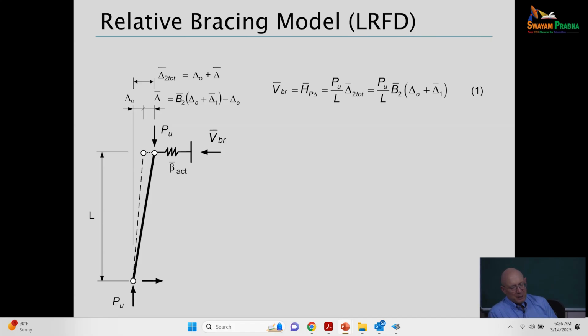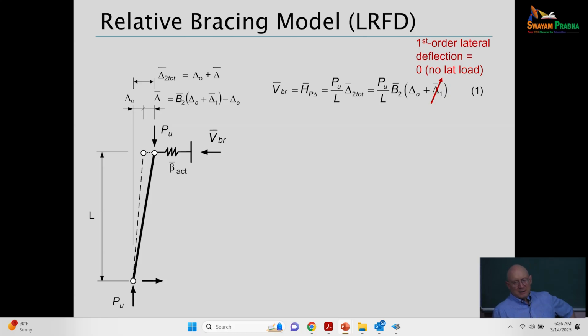Well, it would be the P delta shear force, H P delta. So that's equal to PU times delta 2 total over bar divided by L. And delta 2 total with the over bar is B2 times the delta naught plus delta 1 bar.